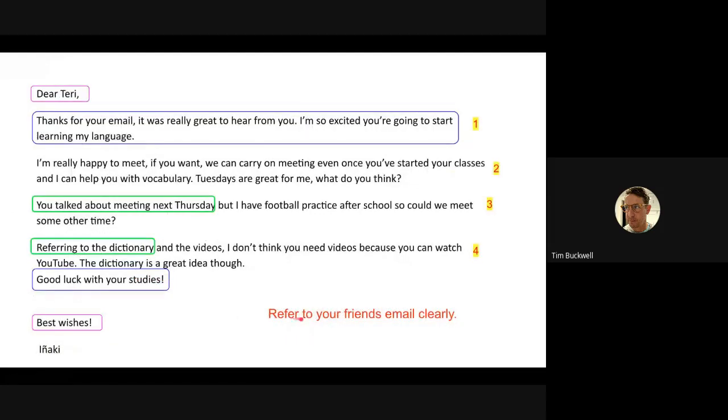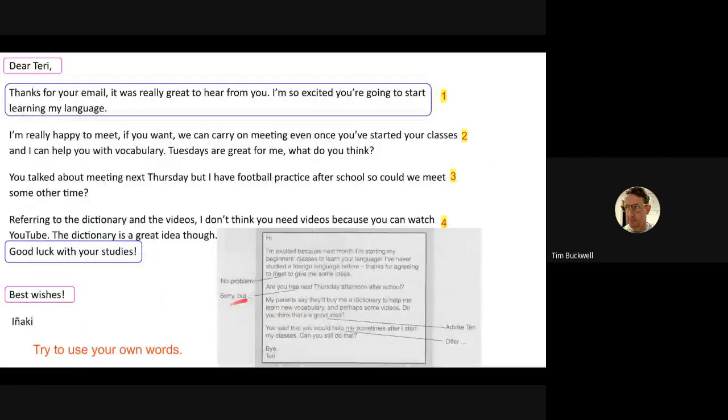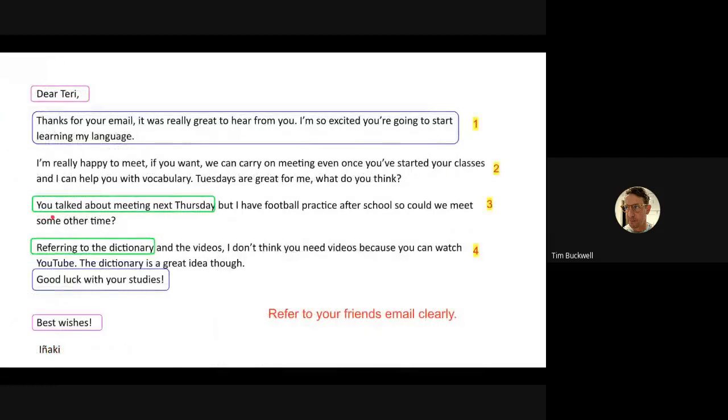We've also referred clearly back to our friend's email. You talked about meeting next Thursday. You remember? It says here, are you free next Thursday? We refer back to that email using the words you talked about meeting. We also refer to your friend's email clearly when we say referring to the dictionary and the videos.